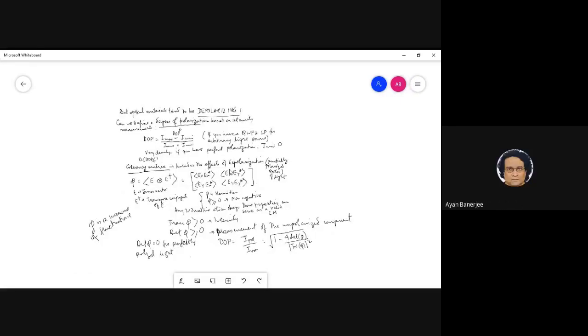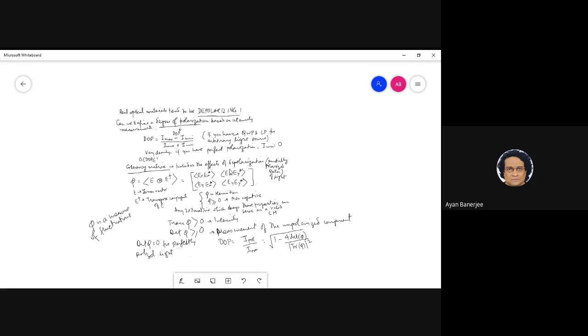Okay. So basically, we ended last class by defining the coherency matrix, which is very important because in the treatment of polarization by the Jones algebra, the effects of depolarization are not taken in.